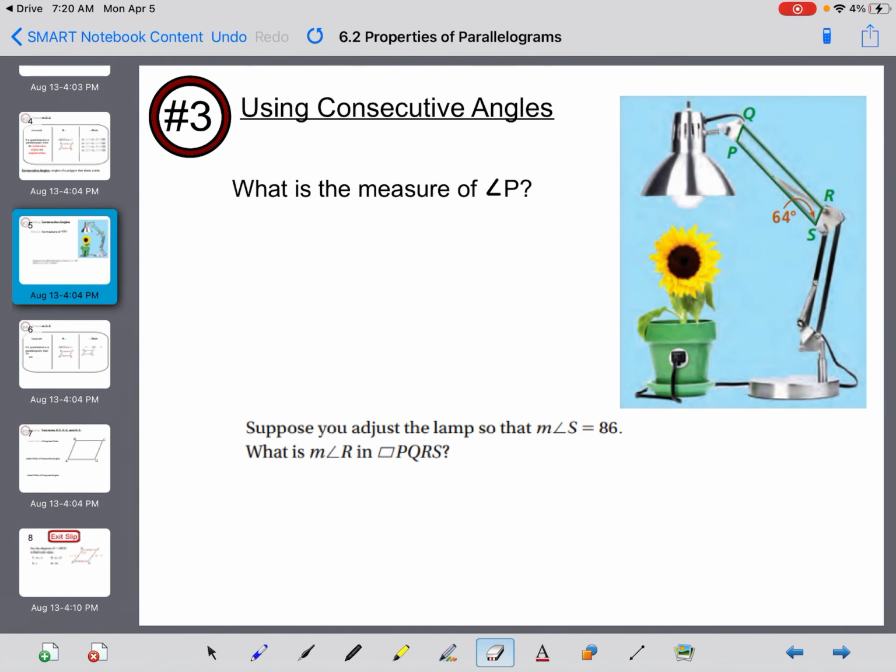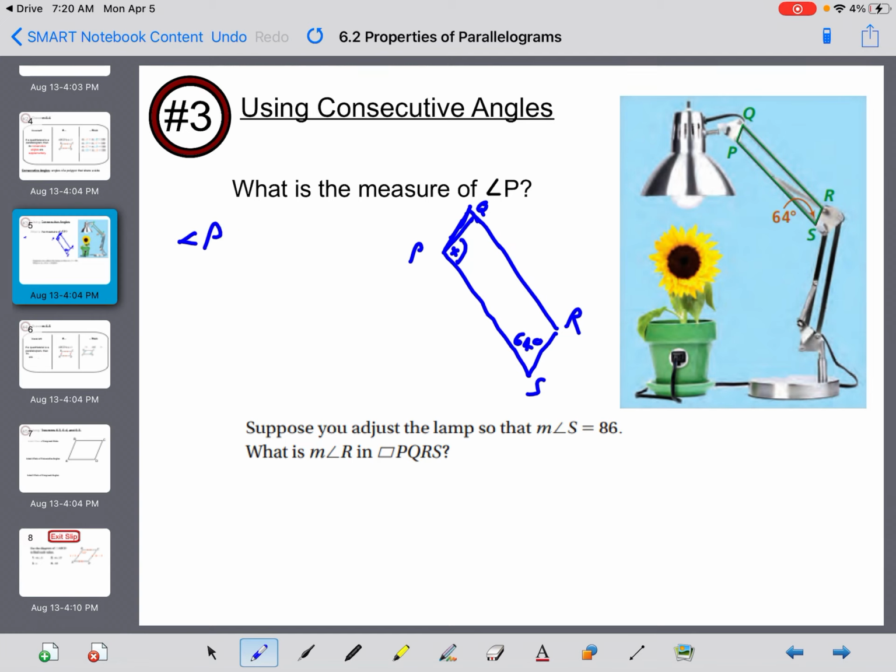What is the measure of angle P? Well, they give us this shape here. I'm going to recreate it. Okay, we have P, Q, R, and S. And they say that angle S is 64 degrees. They want to know what is the measure of angle P. Well, we just said on the last page that those would be consecutive angles.